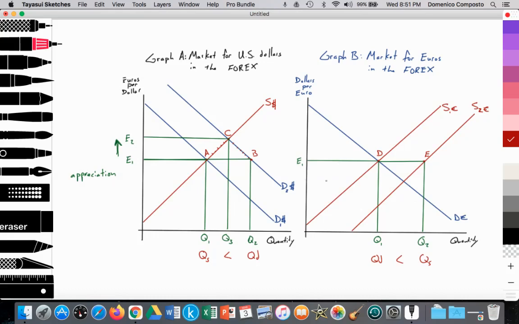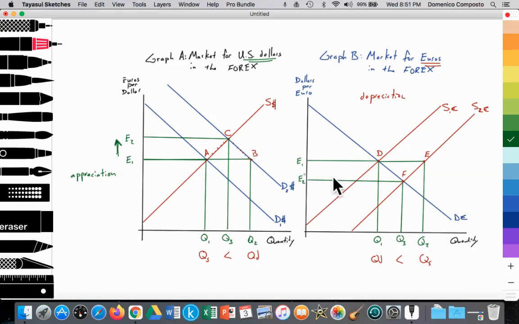So the value of the currency begins to fall to the new equilibrium at point F. So here we can see that the euro has depreciated as a result, falling from E1 to E2, establishing a new equilibrium at Q3 at point F. Okay, so here we see a depreciation of the euro versus the appreciation of the US dollar.